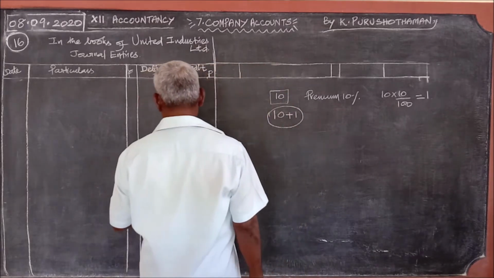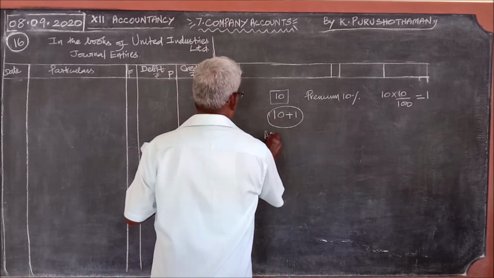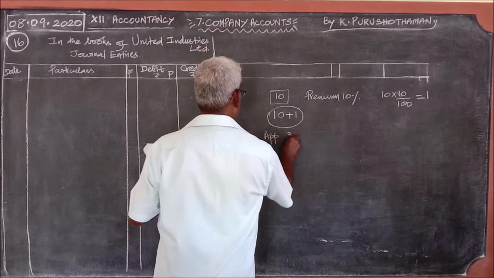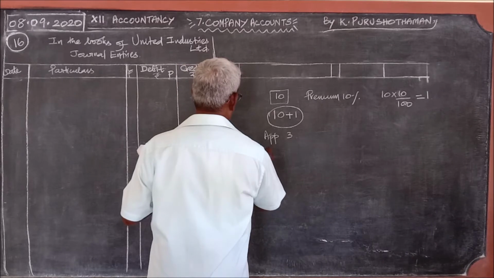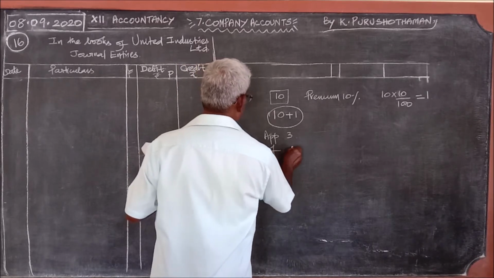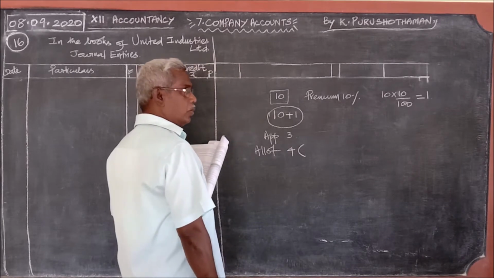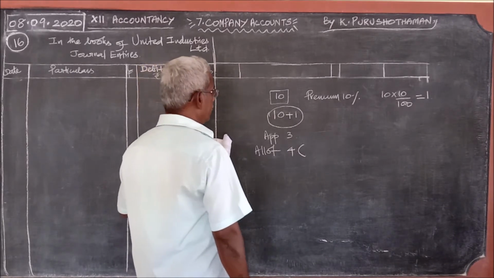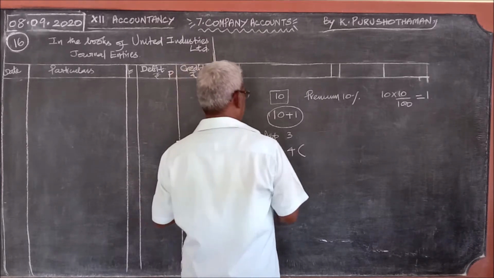How should this be paid? On application rupees 3, then on allotment rupees 4. Generally, if there is any discount or premium, that is shown in the allotment stage only.